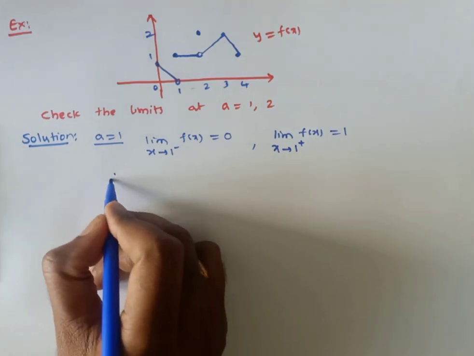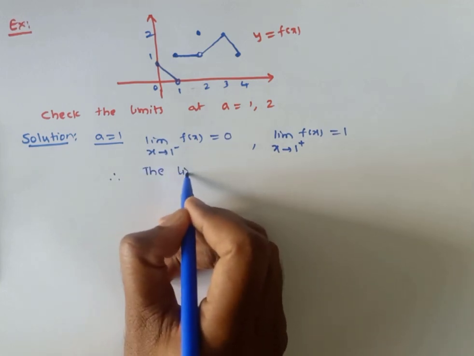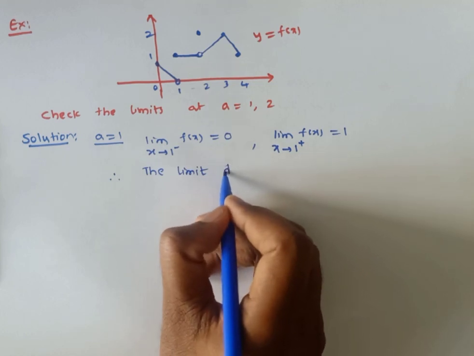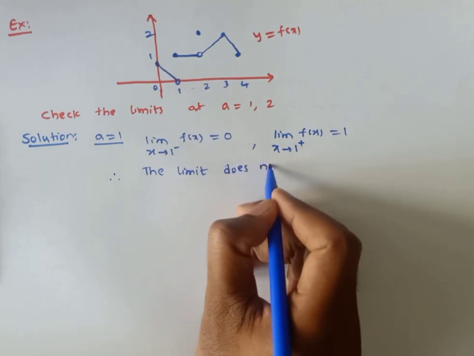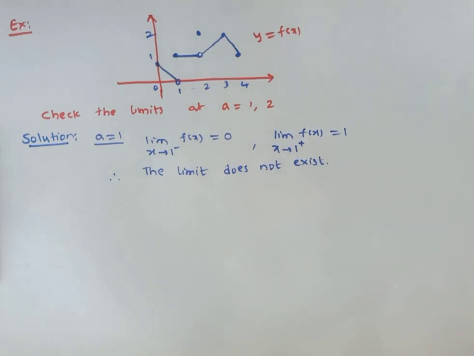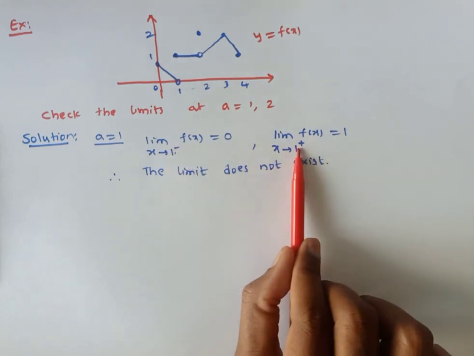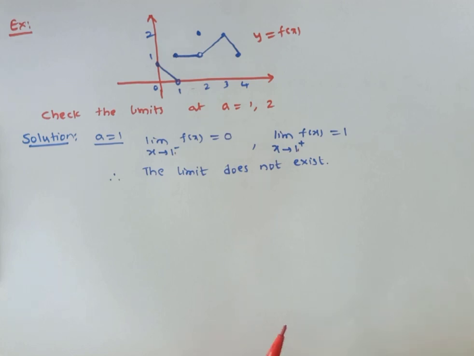Therefore the limit does not exist. Do you know the reason why the limit does not exist? Both the limits exist but are not equal. The limit exists whenever the left hand limit and right hand limit both exist and they are equal.